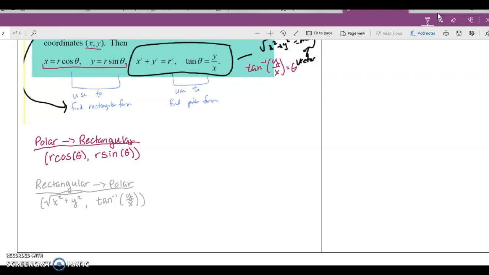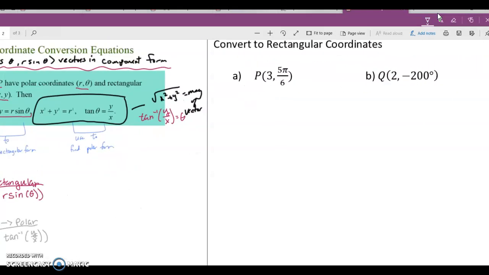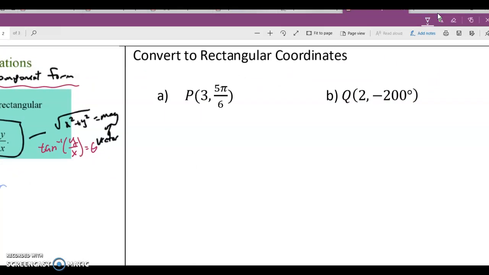So all of this should look fairly familiar from the unit that we just did on vectors, but let's put it into practice here.